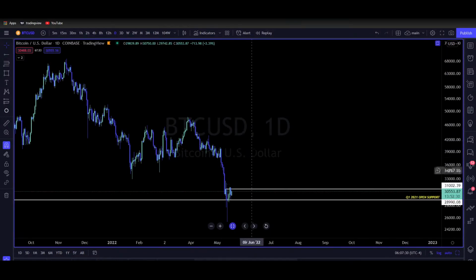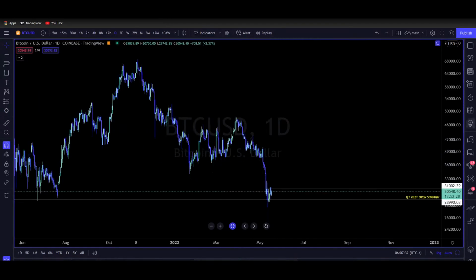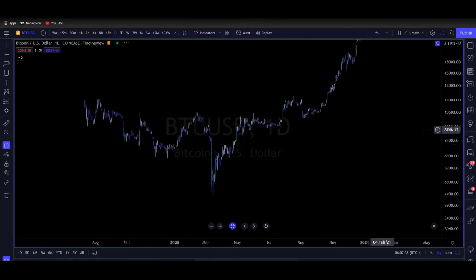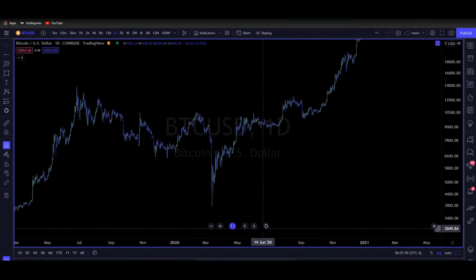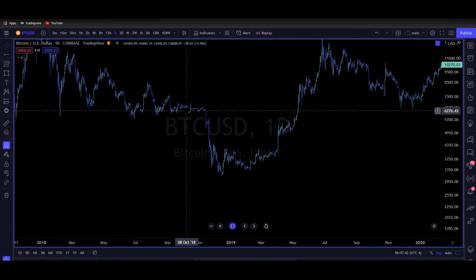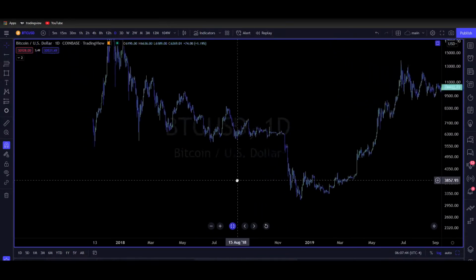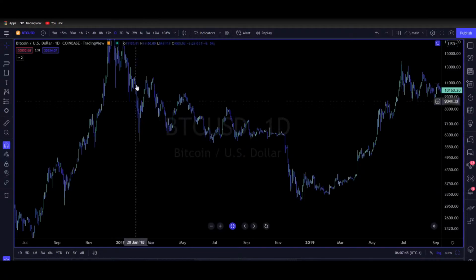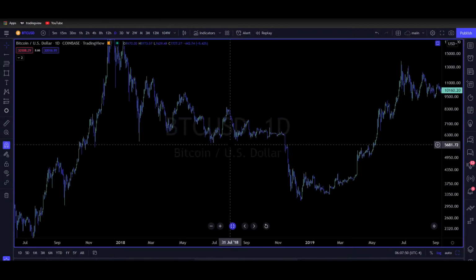I think you're going to see a lot of sideways, choppy, up and down, grinding people's brains to their very limits before you get that, and then that, right? A lot of the same happened over here on this market cycle when you had your bullish rip to the upside, then you had your bear market phase.